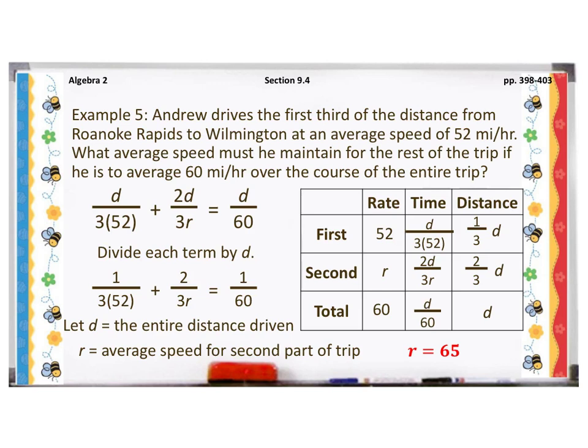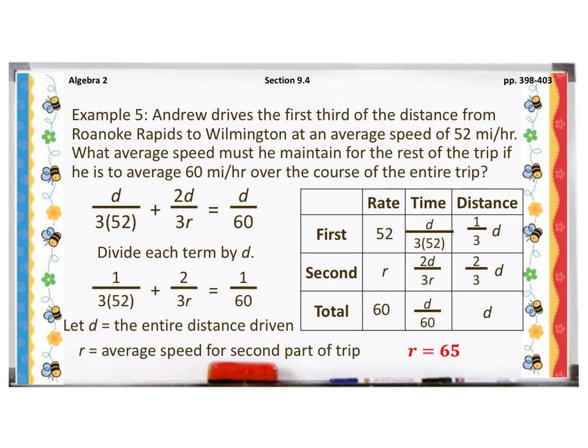So, for example, Andrew drives the first third of the distance from Roanoke Rapids to Wilmington at an average speed of 52. What average speed must he maintain for the rest of the trip if he is to average 60 miles an hour?